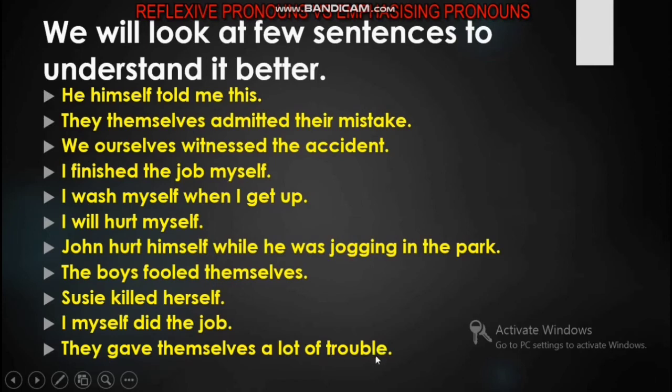That way also we can write. So here gave a lot of trouble is an action which is being received by themselves, and here the object and the doer, or the object and the subject, are referring to the same. So the action is being reflected back onto they. So in this case, themselves is a reflexive pronoun.